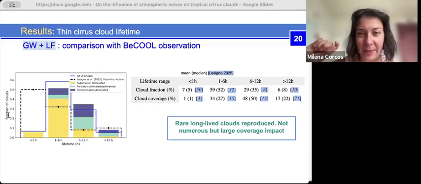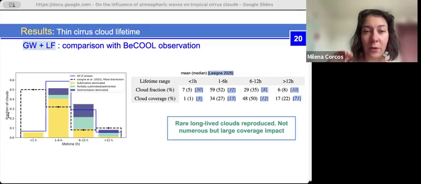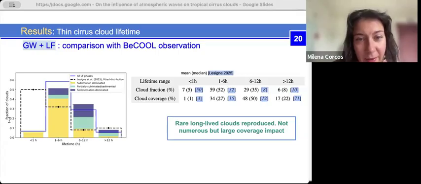And then the stacked bins are more of a detail. I just wanted to detail the distribution when we take into account the gravity waves and only the cold phase of the low frequency forcing, because we know that these clouds are mostly found in the cold phase of large scale waves. So this motivates our choice.